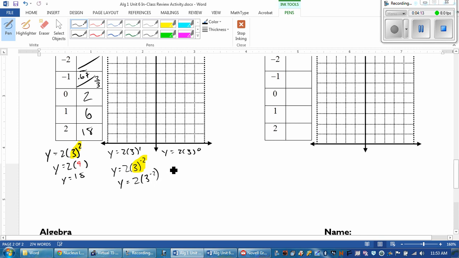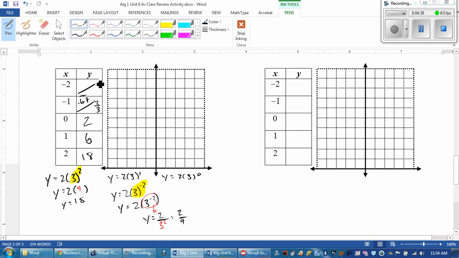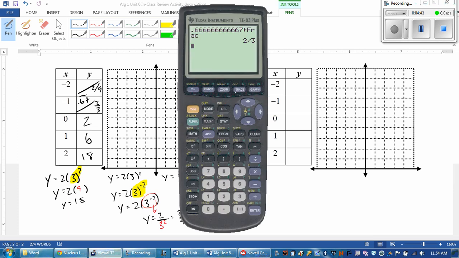If our exponent's negative, we drop it like it's hot. So we get y equals 2, and then that 3 squared goes on the bottom. What's 3 squared? 9. Okay, so our fraction would be 2/9, but then when we look at our calculator, when we go back to the table, it's 0.222 repeating.